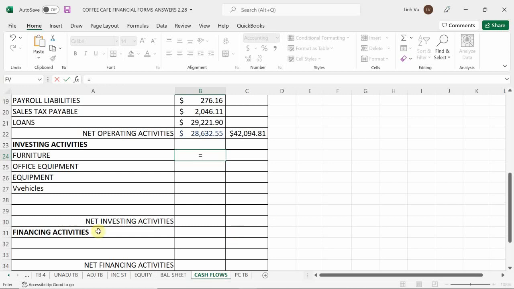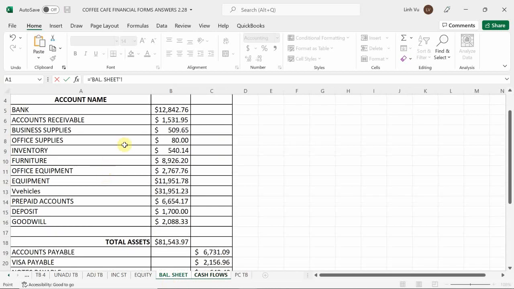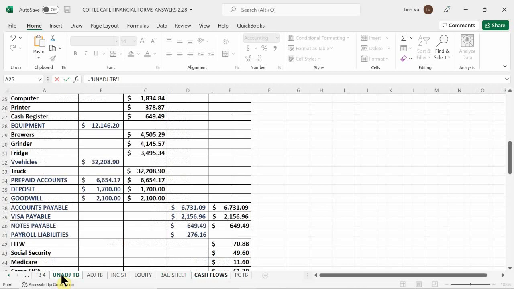So in this case, let's take a look at my balance sheet, right? These are all of the book values that are currently in my company. I did not spend $8,000 on my furniture, right? So this is where I have to go back into looking at my historical costs and going to my unadjusted trial balance to determine what was the true value.